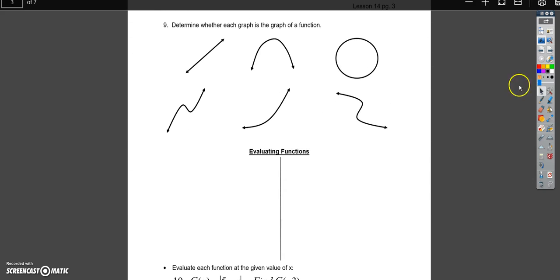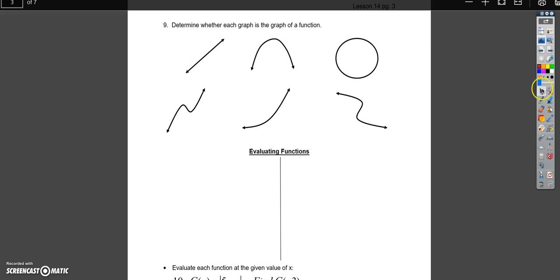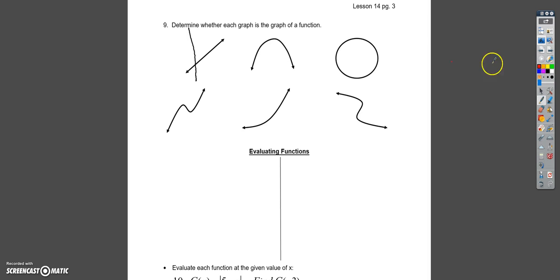All right. So here, if we take vertical lines and we go down through here, is it going to cross more than once?